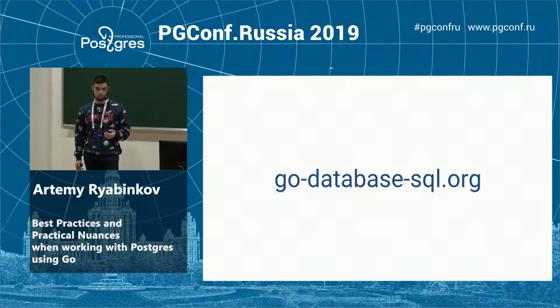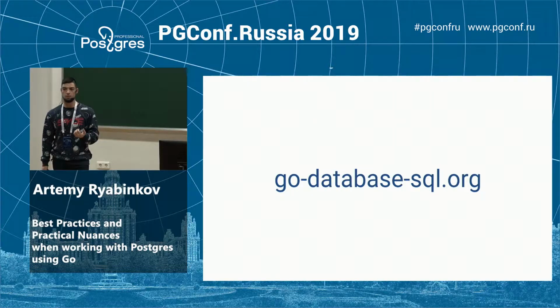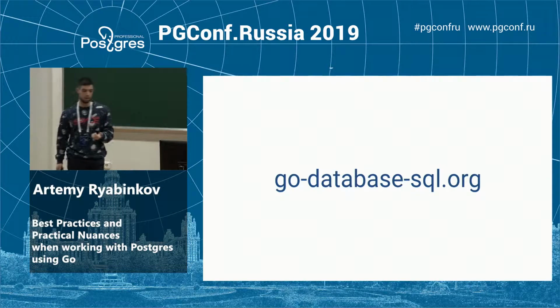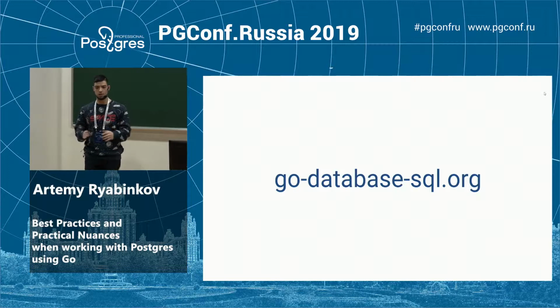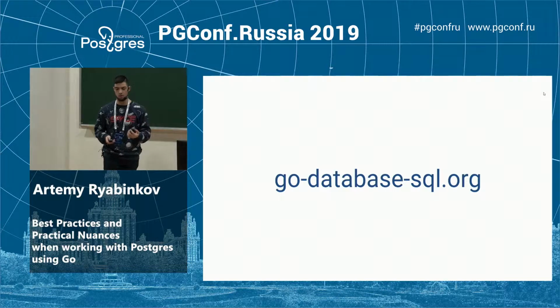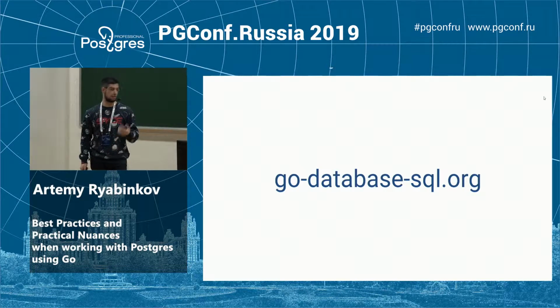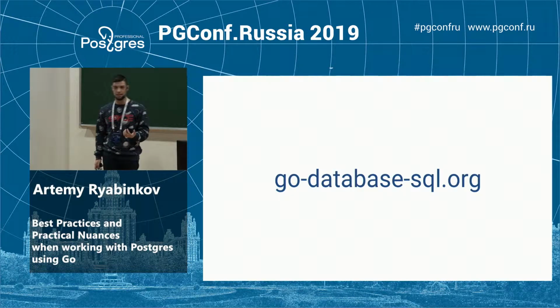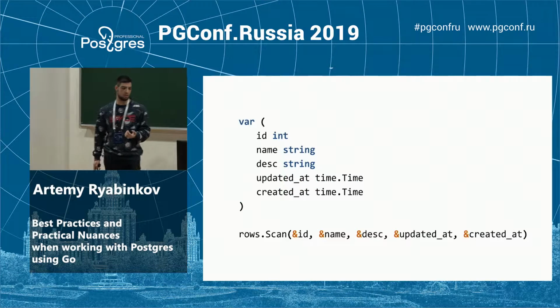This is the first thing you will experience when you start writing code. Of course, you will go to Google and find this resource, database SQL.org. And in this resource, you can read about the things you need to work with databases in Go. You start working, everything is fine, but 10 minutes after you start writing the code, you experience problems.